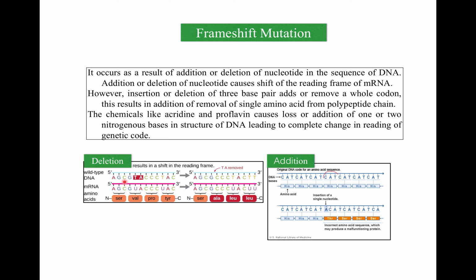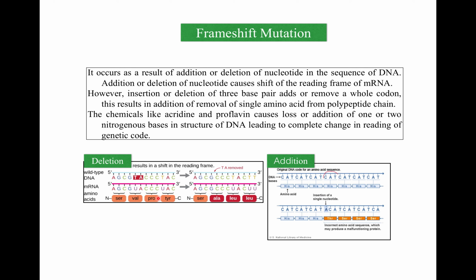So here AGC in mRNA codes for serine. GTA means GUA in mRNA codes for valine, but now T is removed, so now GCC in mRNA codes for alanine. This CTA now codes for leucine, CTT again, leucine.